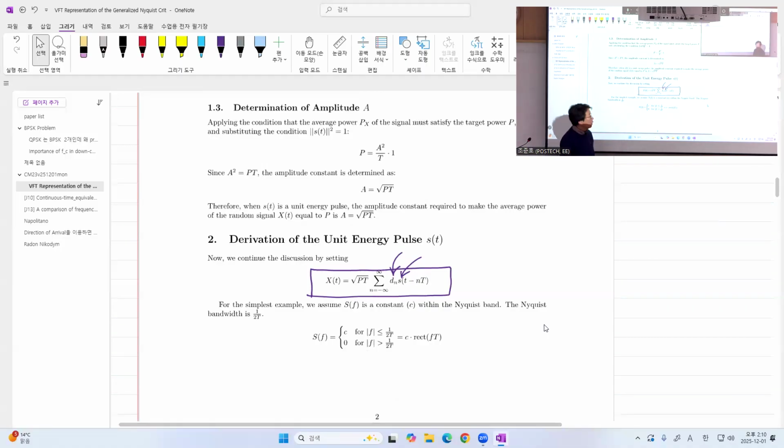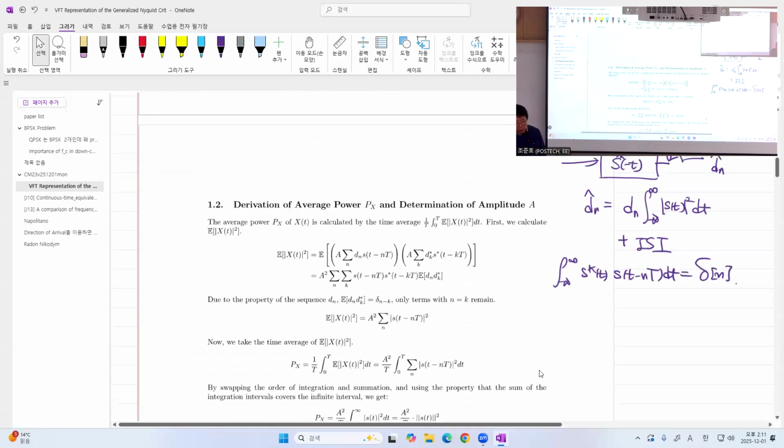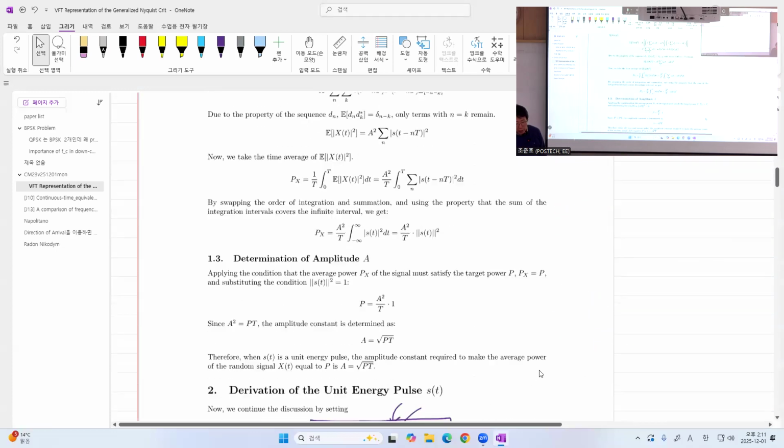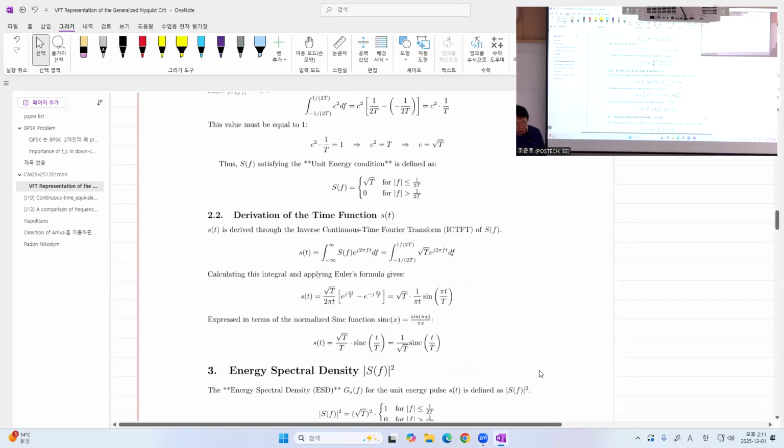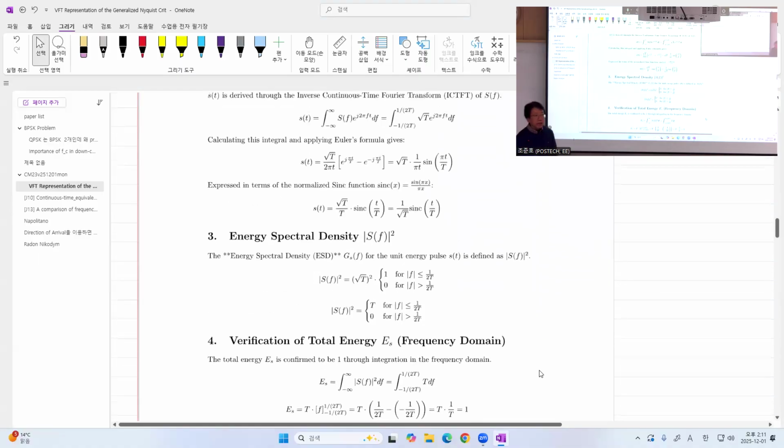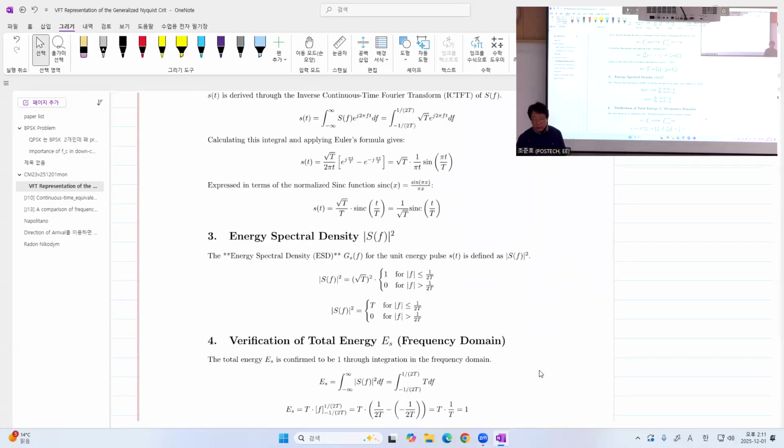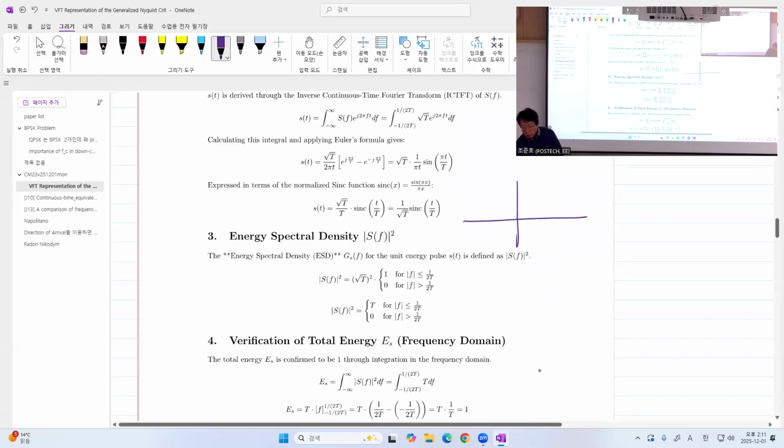unlike most of the cases you handled for communication systems. Got it? Now, in order to familiarize ourselves with this strange scaling, let's see a very, very special example where we have flat energy spectrum for S of t. So let's consider the case where we use sinc pulse for the symbol transmission. So S of t is basically a sinc pulse that crosses the time axis at every T except the origin.